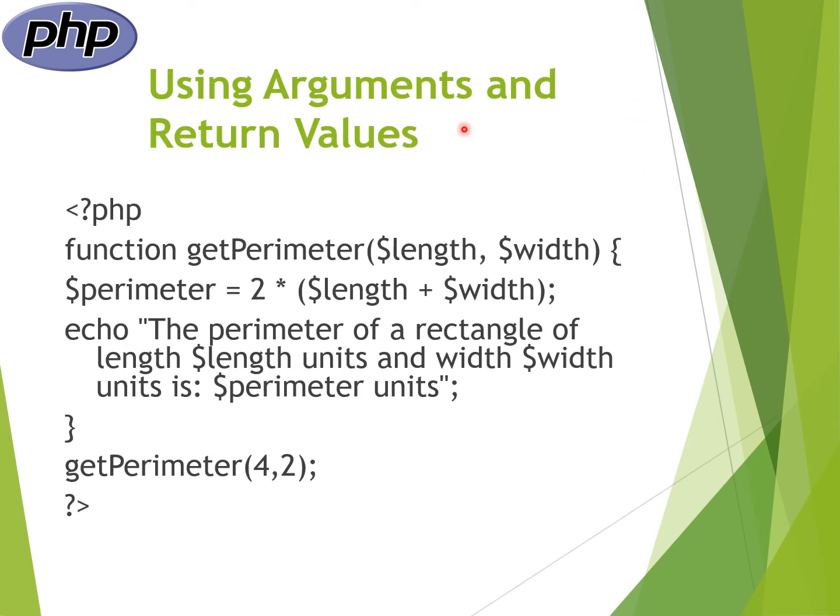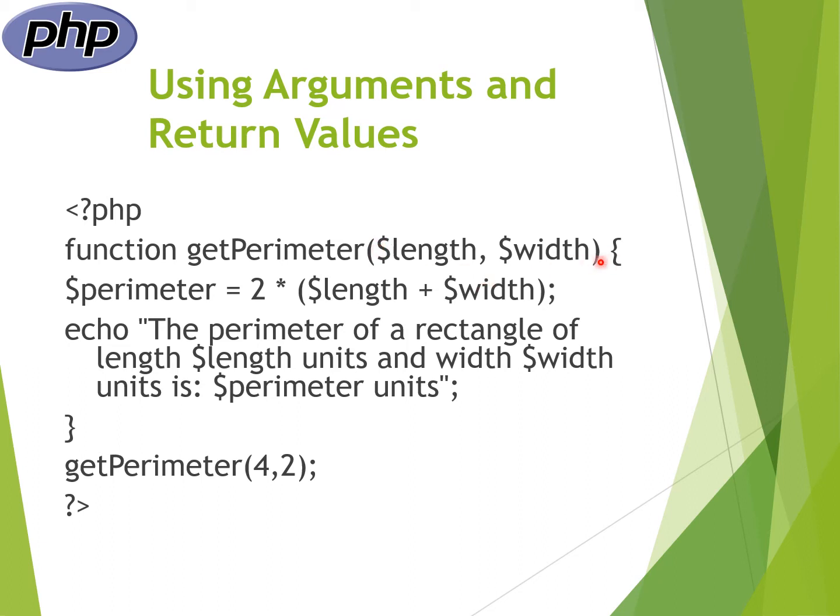Let us see a function with arguments and return values. Here we have the starting PHP code: function getPerimeter. We are creating a function. getPerimeter is the name of the function, and inside the parenthesis two variables are there: $length and $width. These are the arguments, or input, to the function getPerimeter.